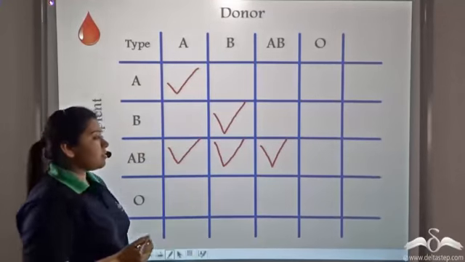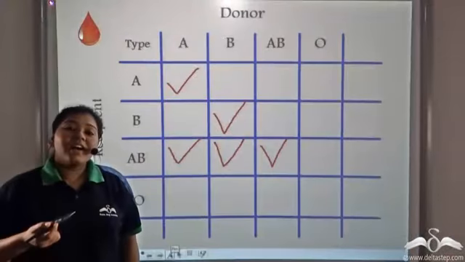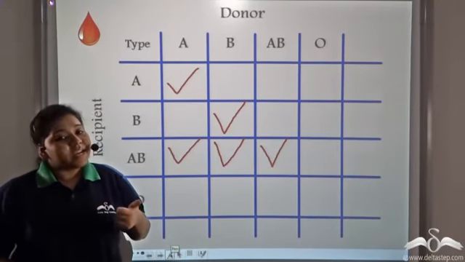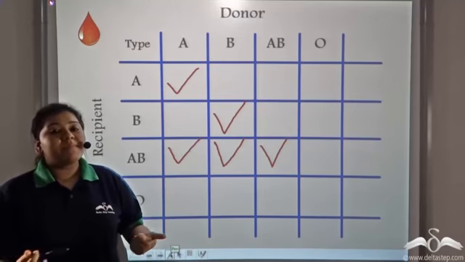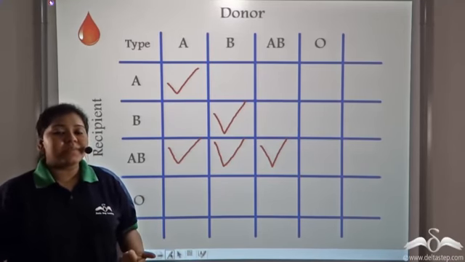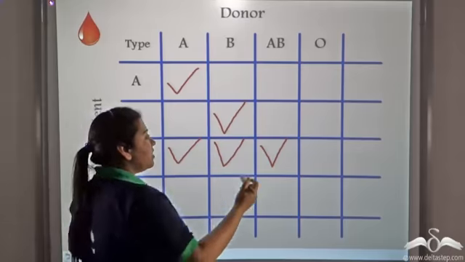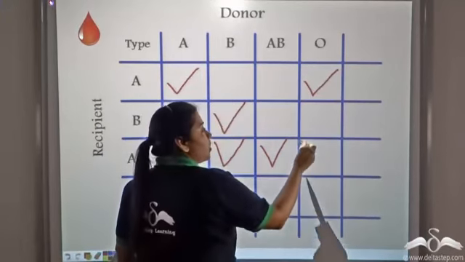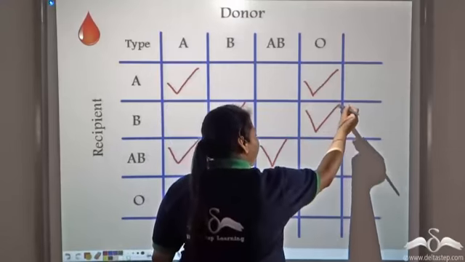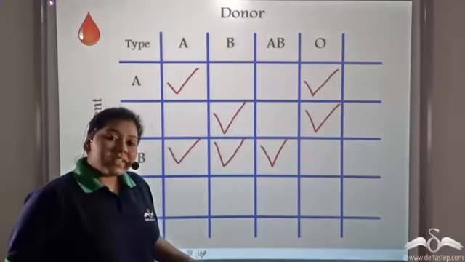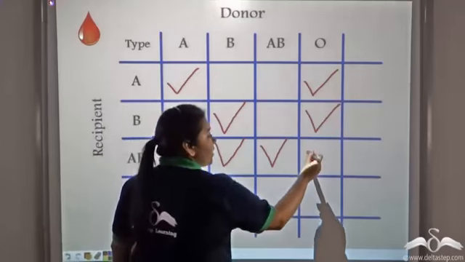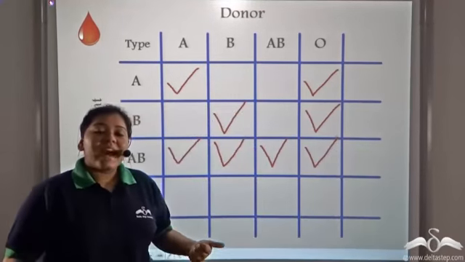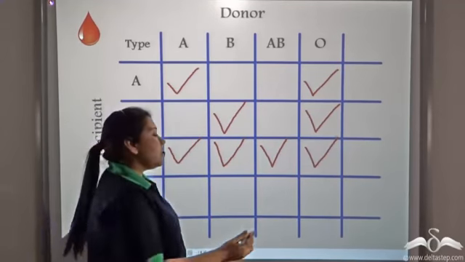And a donor who has an O blood group can donate blood to all people carrying different blood groups, like he can donate blood to a person with blood group A, to a person who has blood group B, to a person who has blood group AB, as well as to a person who carries O blood type in his body.